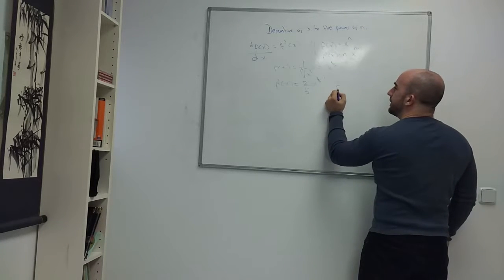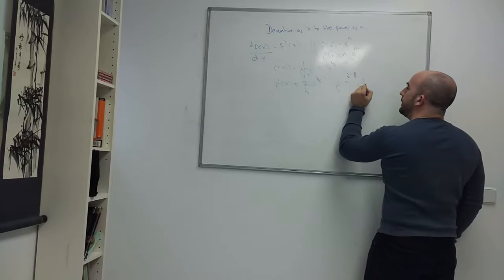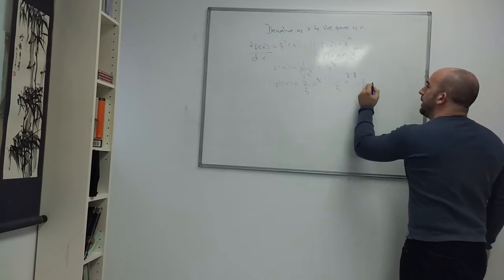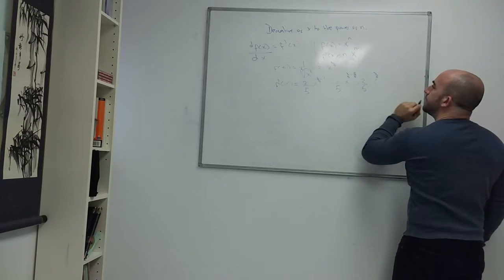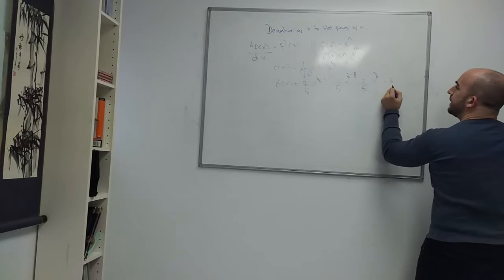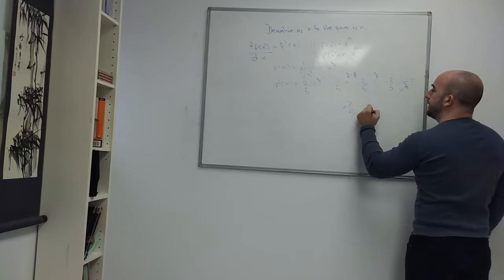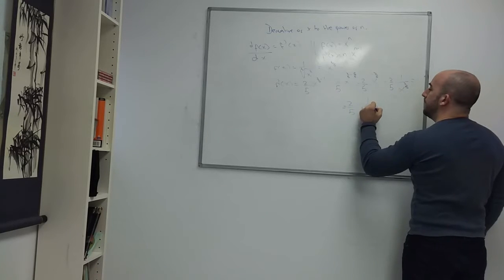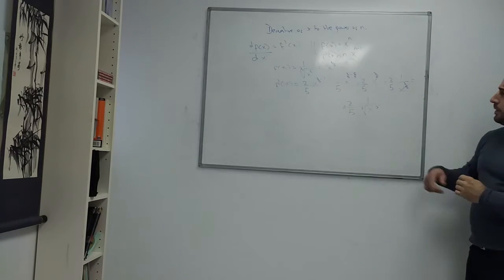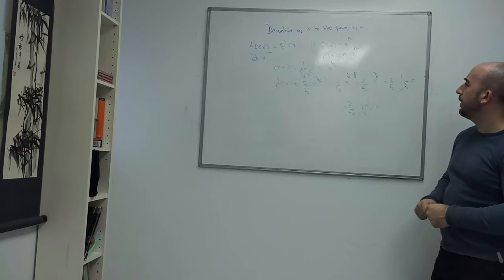So that's 2/5 x to the power of 2/5 minus 5/5, 2/5 times x to the power of 3/5 with a minus, and then we put it back, so that will be 1 over x to the power of 3/5, and the last step, 1 over x to the power of 5/3. So that is how that would end.